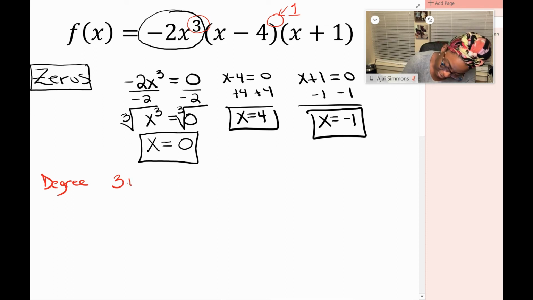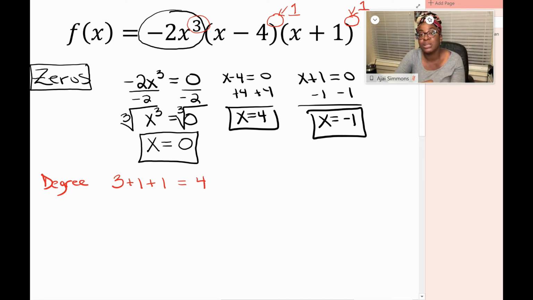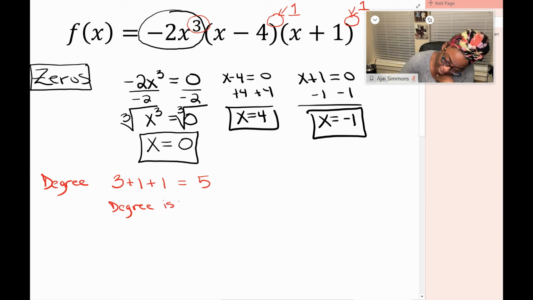So I got to do plus 1. And then here, I also have something you just can't see. It is a 1. So I have 3 plus 1 plus 1. The degree is going to be 5. Okay? So I added up all the exponents. I had 3 plus 1 plus 1, and I got 5. So the degree of the polynomial is going to be 5.